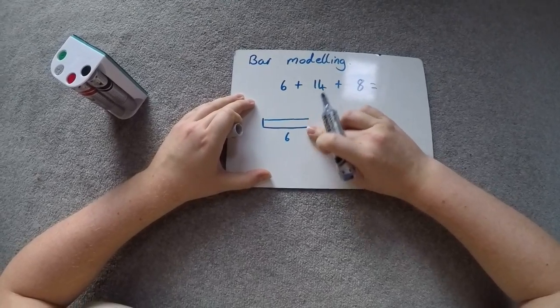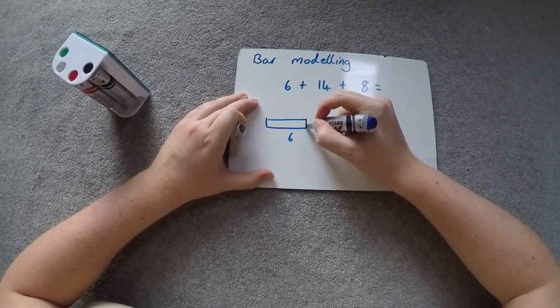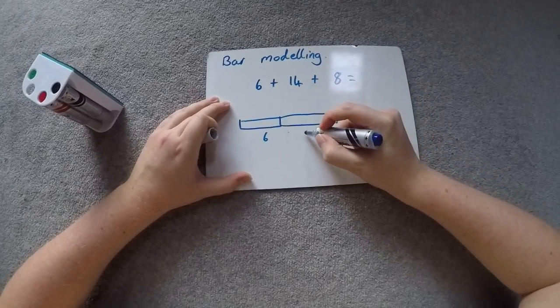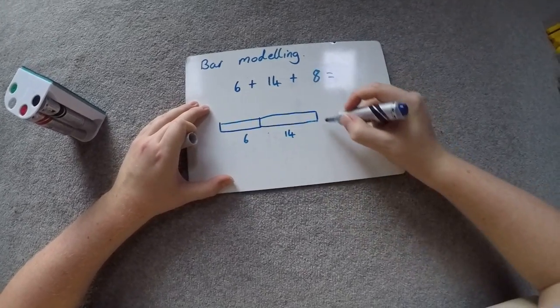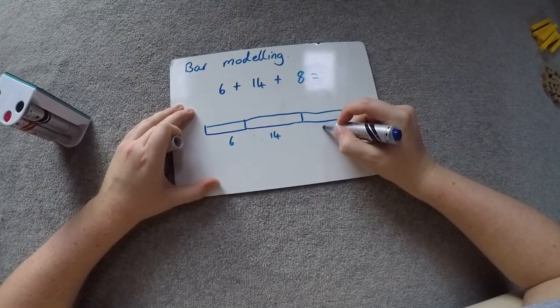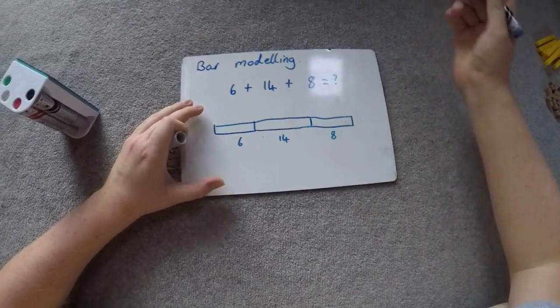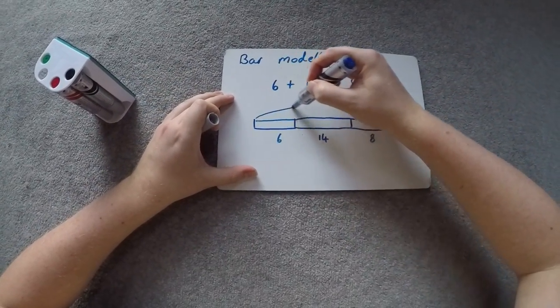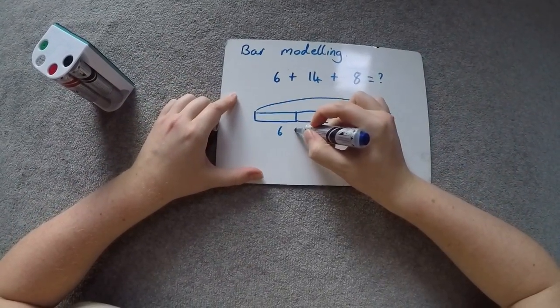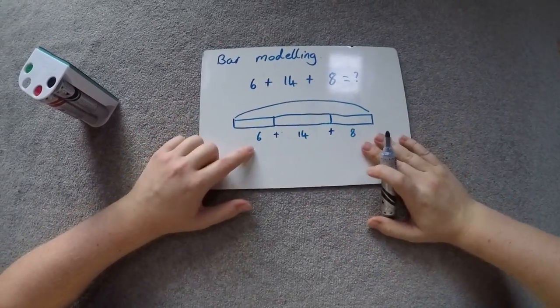Slightly, I'm going to shorten that a little bit because that's quite a little bar. Okay, a bigger bar of 14. Okay, and a bar that's hopefully somewhere in the middle of them as 8. Now, if we're adding, we know that this is the part that we're trying to find out. Okay, so we've got them there: 6 plus 14 plus 8.